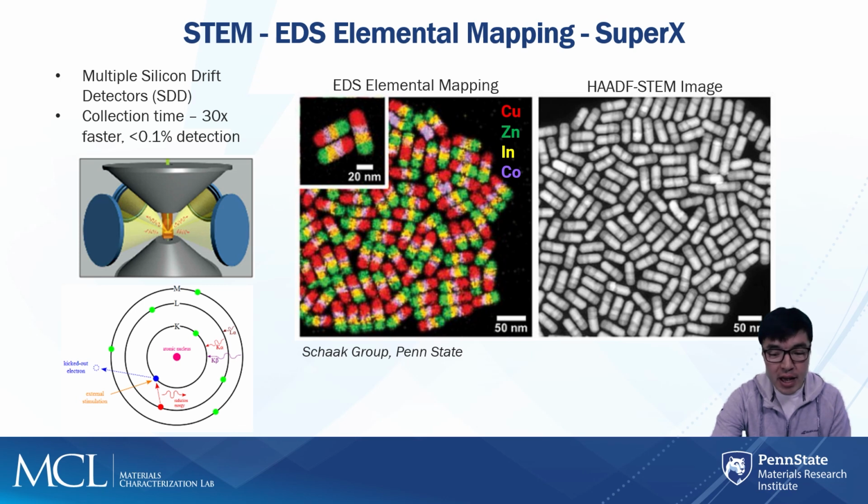Here is an example of EDS mapping from a nanoparticle sample. This map was collected on our Talos. Collection time was just about 5 minutes. You can clearly see and confirm the composition of these very nice nanoparticles.